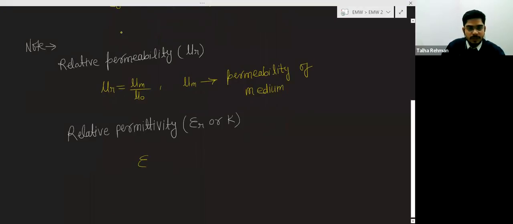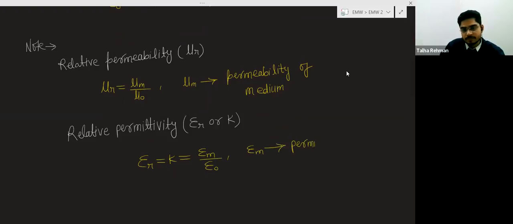So epsilon r or k is equal to permittivity in the medium divided by permittivity in free space. Epsilon m is the permittivity in medium other than the free space or air.